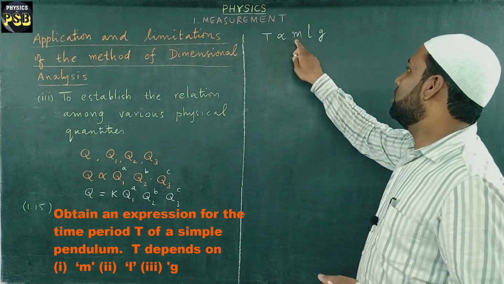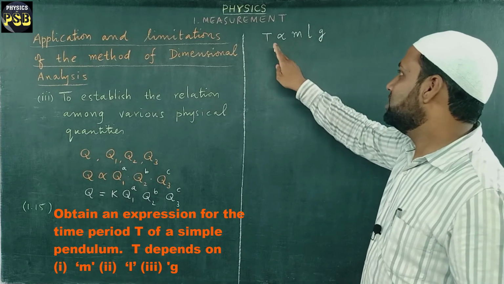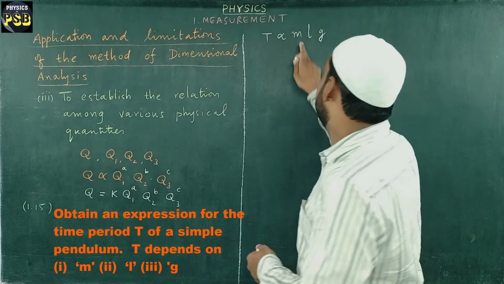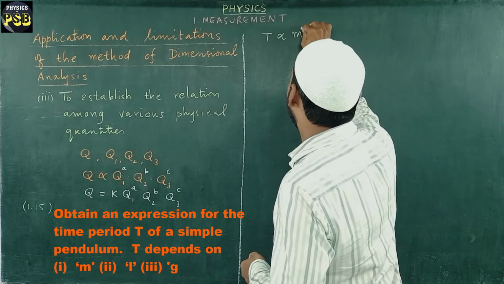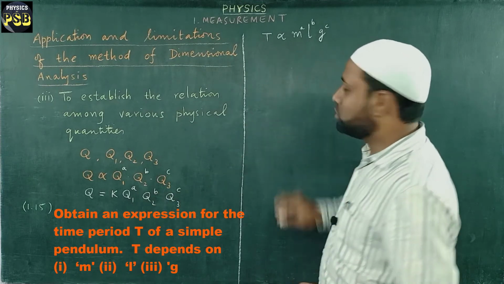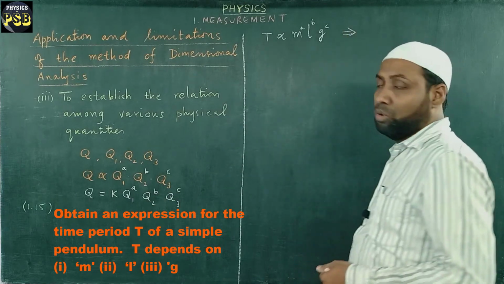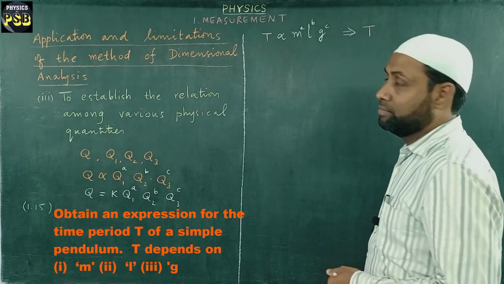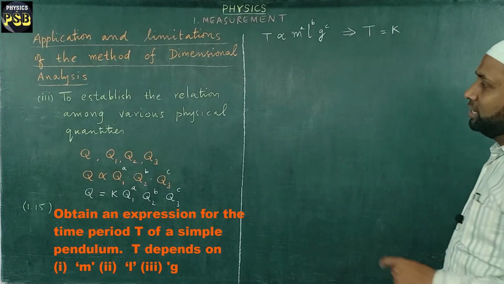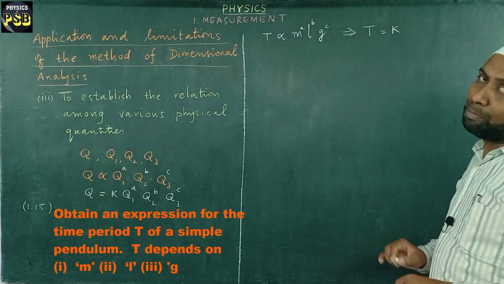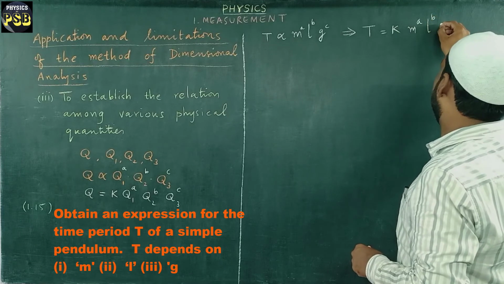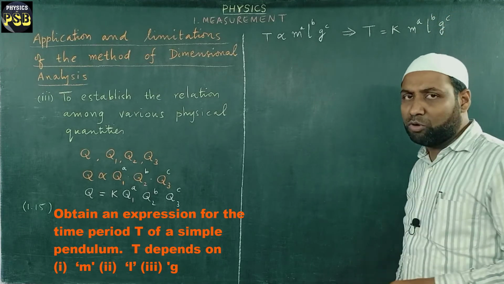When T depends on M, L and G, then mathematically we write T is directly proportional to M into L into G. Now I raise these three quantities to power A, B and C in this manner. The next step, when you remove proportionality, you get this equation. T is equal to K, where K is the proportionality constant. The value of K is given as 2 pi. M power A, L power B, G power C. Now look at this carefully. How do I get the value of A, B, C?